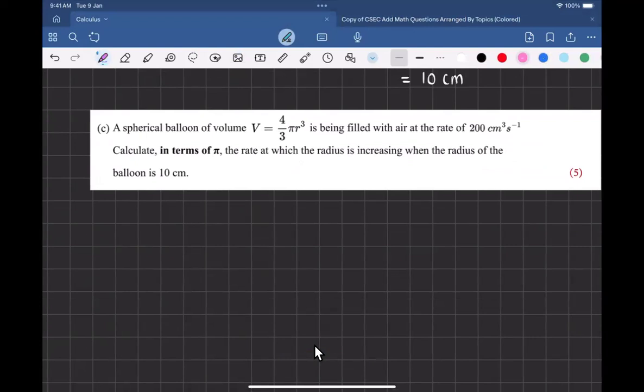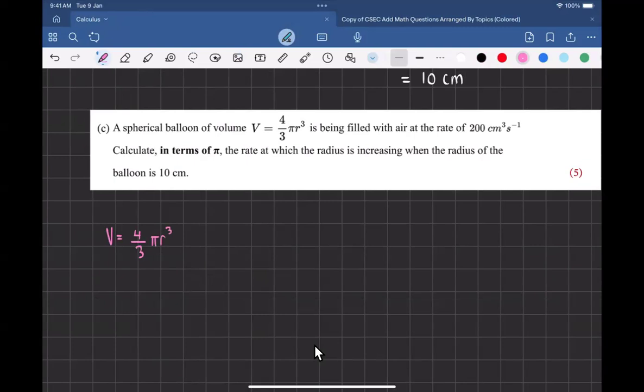Volume is equal to 4/3 pi r cubed, right?